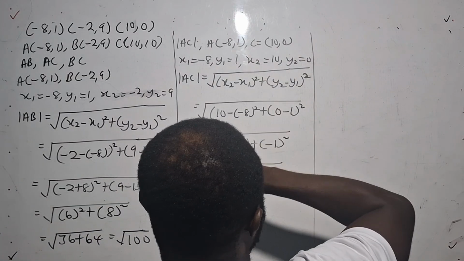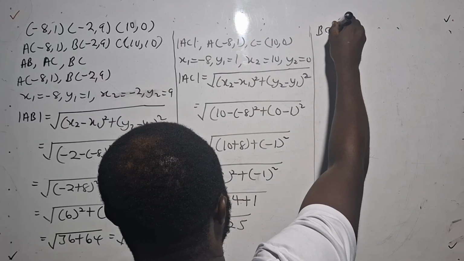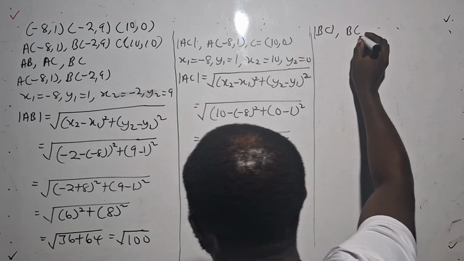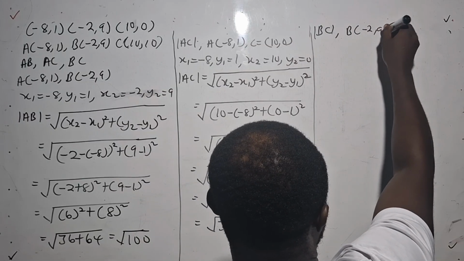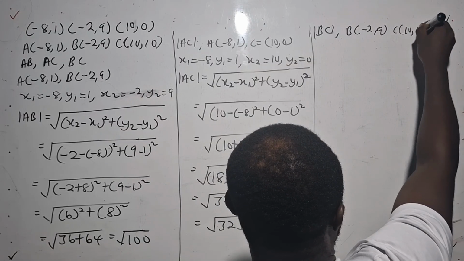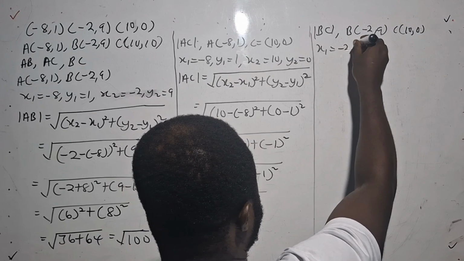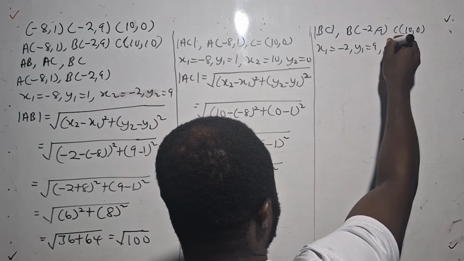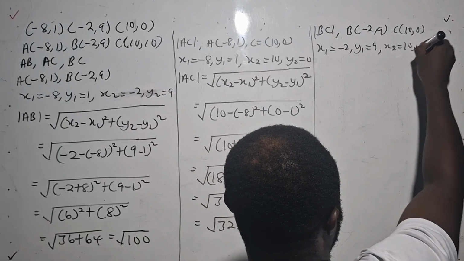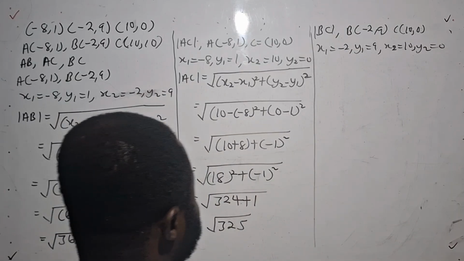So let's come to the BC. With the length of BC, our B is negative 2, 9. Our C is 10, 0. So x1 is negative 2, y1 is 9, x2 is 10, and y2 is 0.